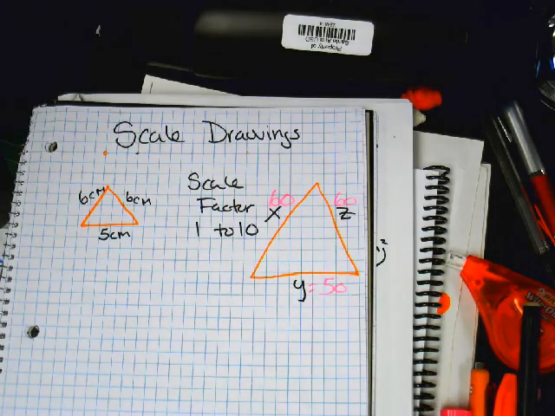Have you guys ever been to Las Vegas? If you've ever been to Las Vegas or seen pictures of Las Vegas, one of the first things you see when you drive up is a pyramid, right? Is that pyramid the same size as the pyramid in Egypt? No, it is smaller in Vegas. And you keep driving, and then you see the Eiffel Tower.